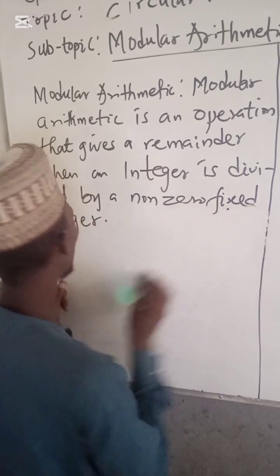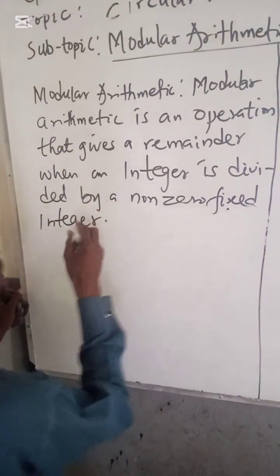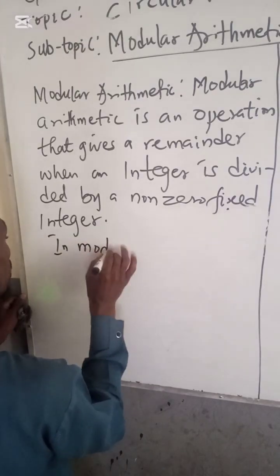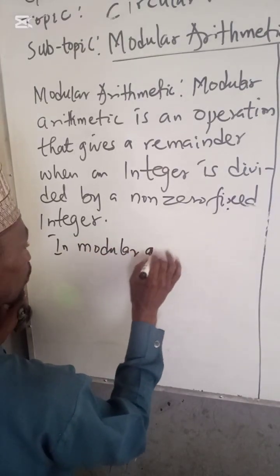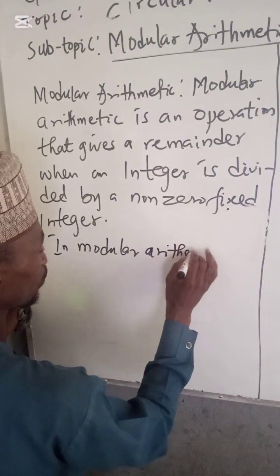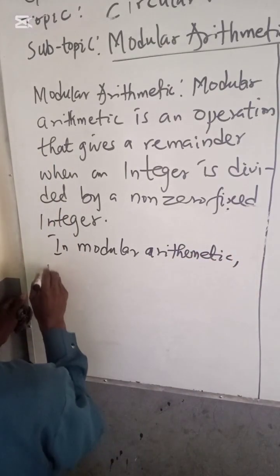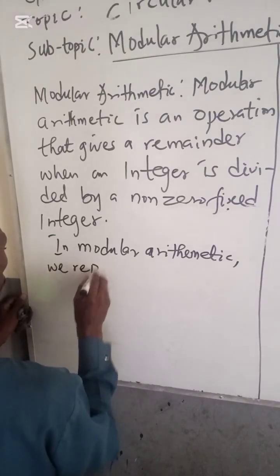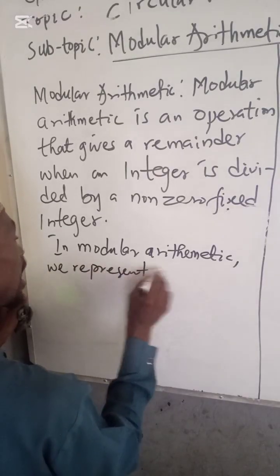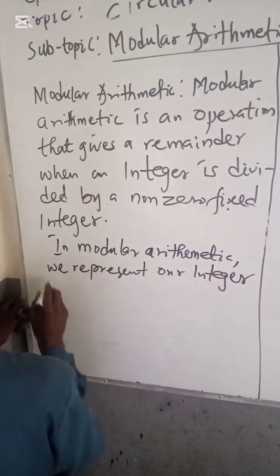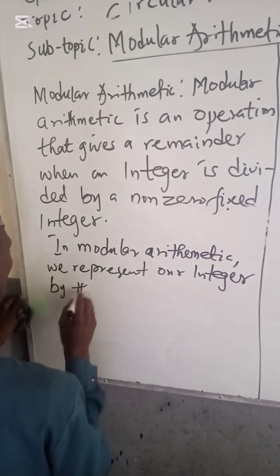Now, if we forge ahead, we can use the understanding to say, in modular arithmetic, we represent our integer by the remainder.